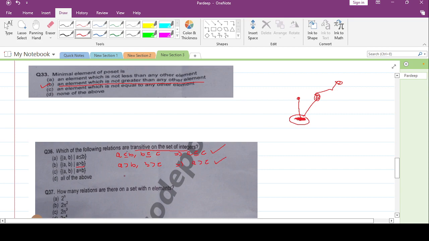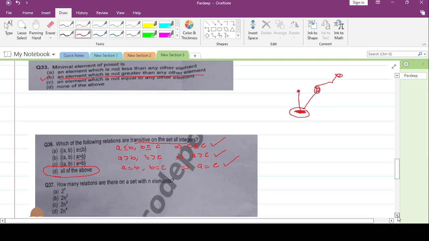If I take A equal to B and B equal to C, then I can say that A equal to C. So it is transitive also. So the all of the above option is correct. All these are transitive relations.